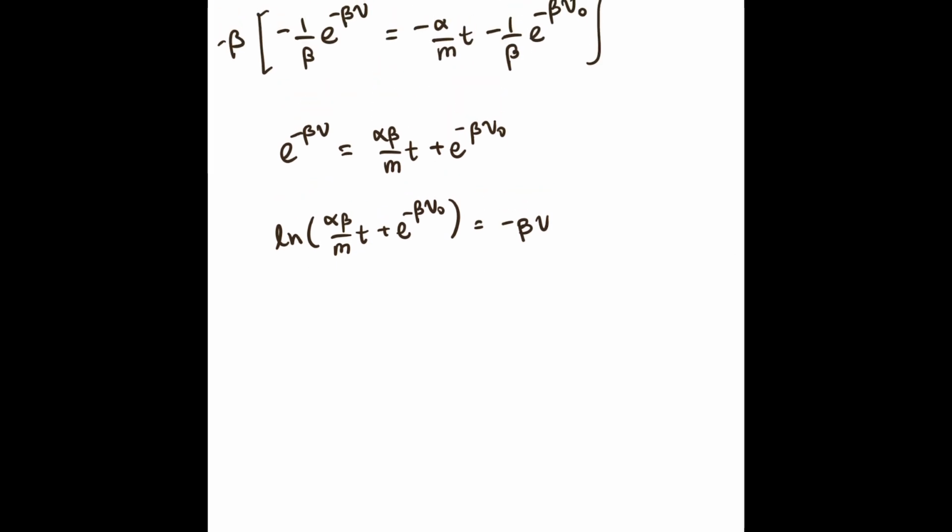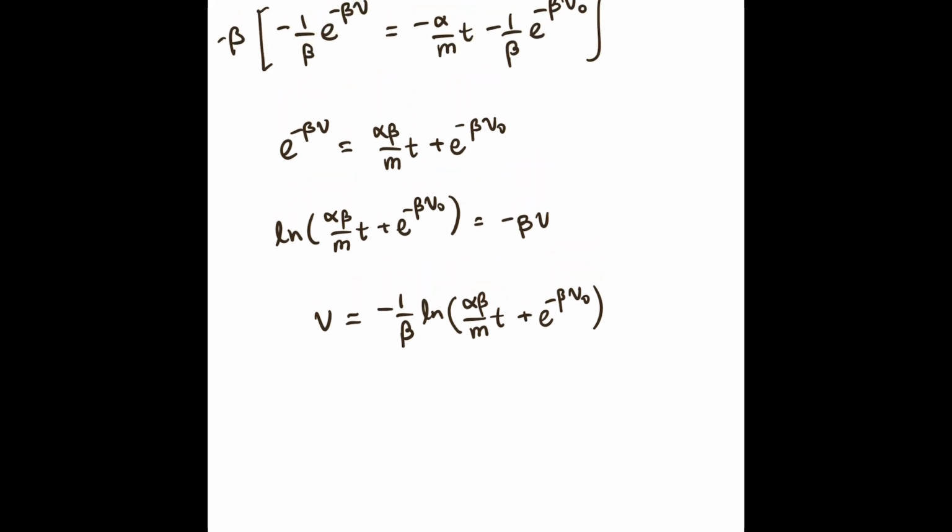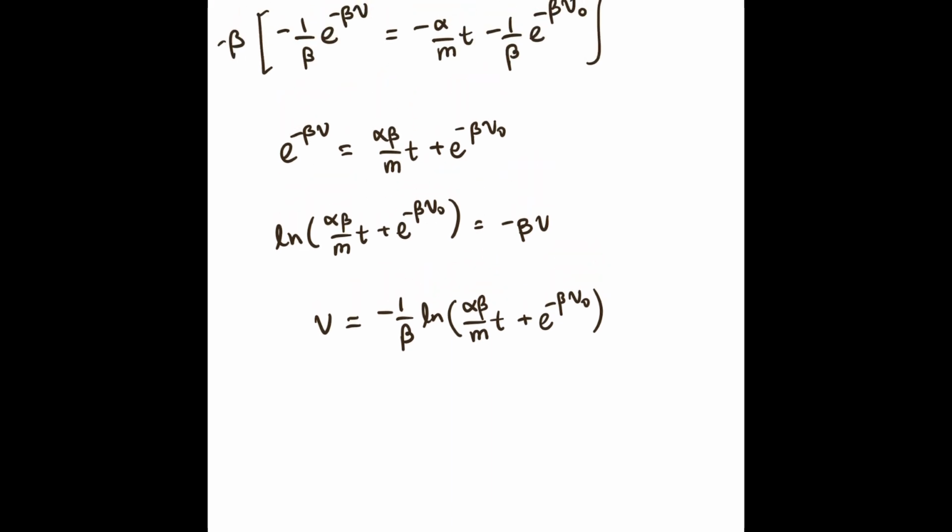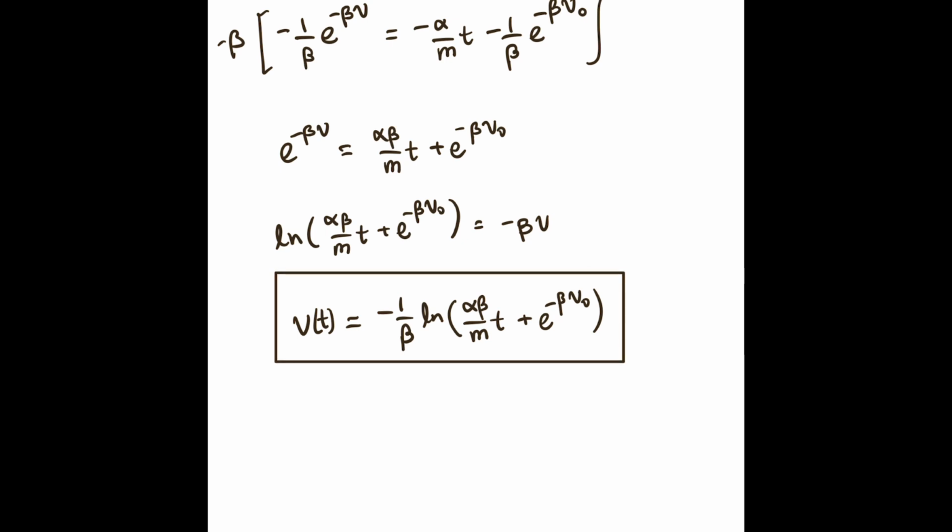Then divide everything by negative beta. And this is the velocity as a function of time. This is our part A.